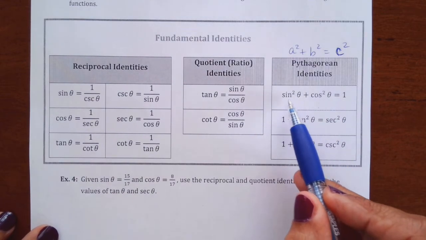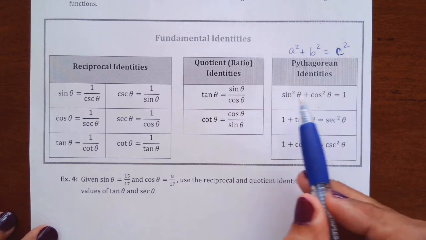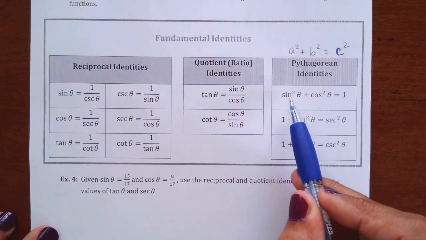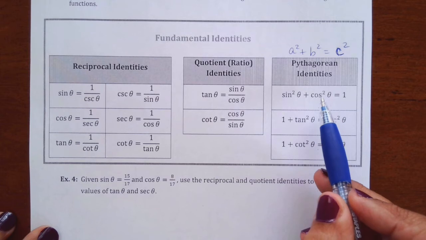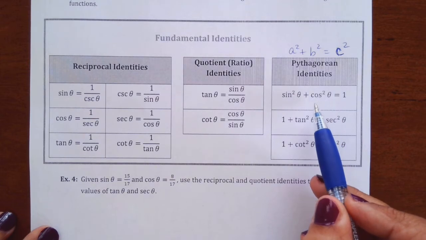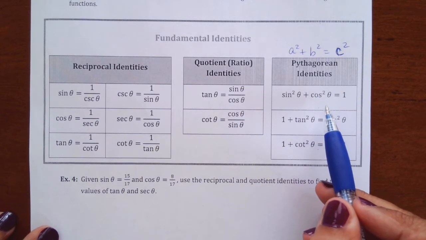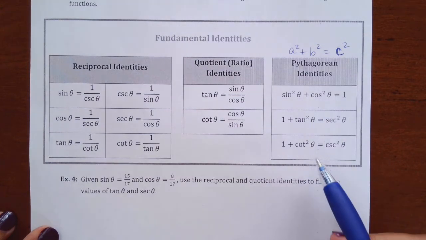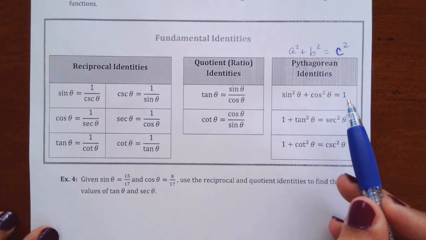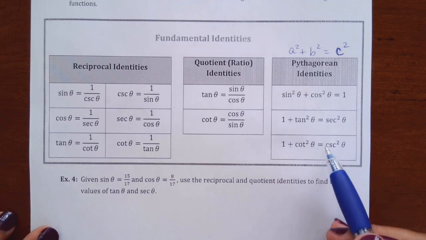If you take each of these values up here and divide them by the sine squared, so if I took sine squared and divided by sine squared, I would get 1. If I take cosine squared divided by sine squared, I would get cotangent squared. And if I took 1 divided by the sine squared, I would get cosecant squared.